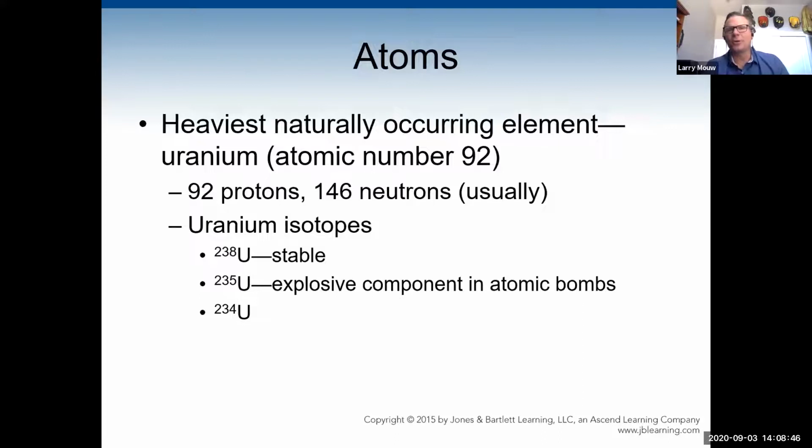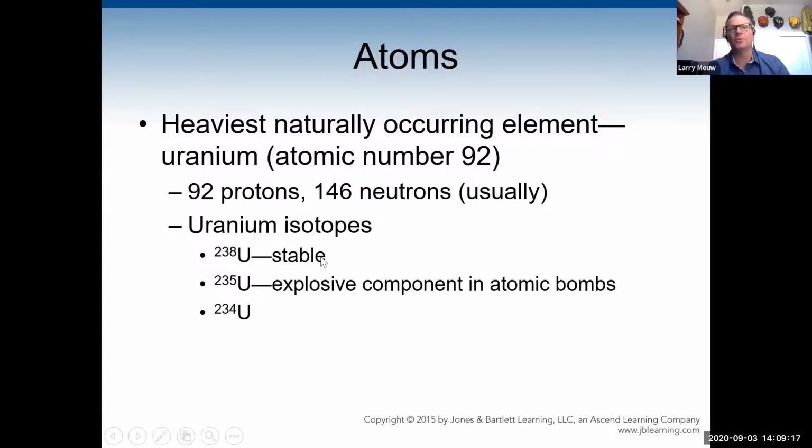The heaviest naturally occurring element is uranium, which has an atomic number of 92. So you see that the atomic number correlates to the number of protons in the nucleus, whereas the number of neutrons in uranium is 146. But if you change the number of neutrons, you see right there where it says U238 or 238U or 235U or 234U, it does different things to that atom.